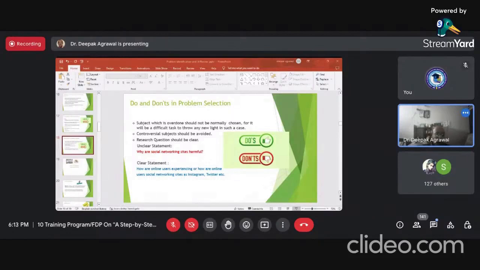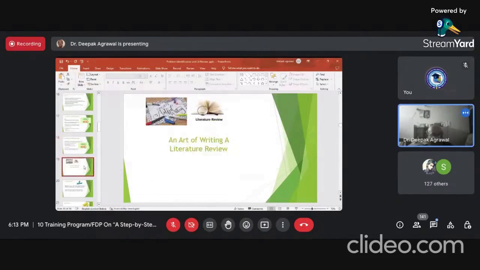Rather than that, we should have a clear statement like how are online users experiencing social networking sites, Instagram, Twitter, as harmful. So it again demonstrates a clear understanding of the topic. So these are some of the do's and don'ts once you go with the problem selection.